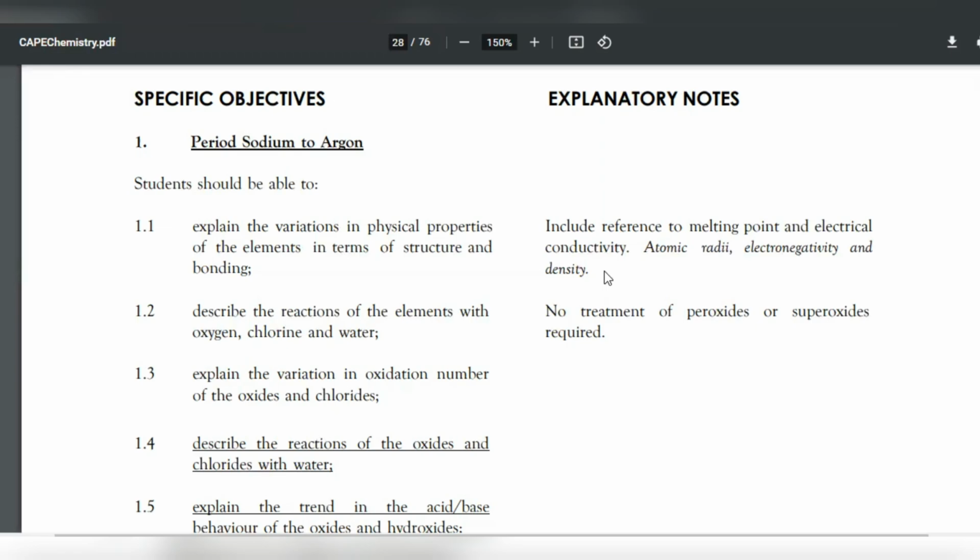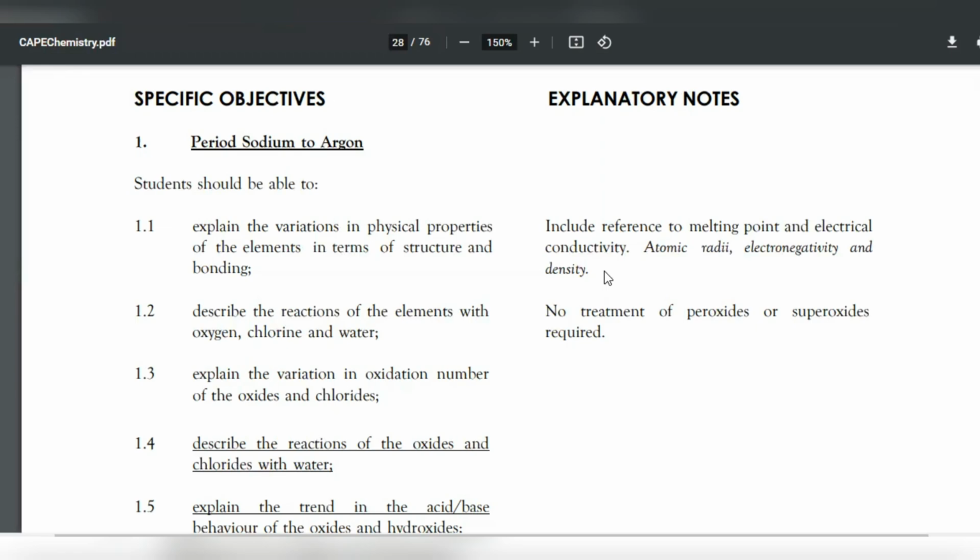So you have induced polarity to hold the particles together, and these bonds are very weak, so therefore chlorine is a gas. Same thing for sulfur and phosphorus. The metals have strong electrostatic forces of attraction.